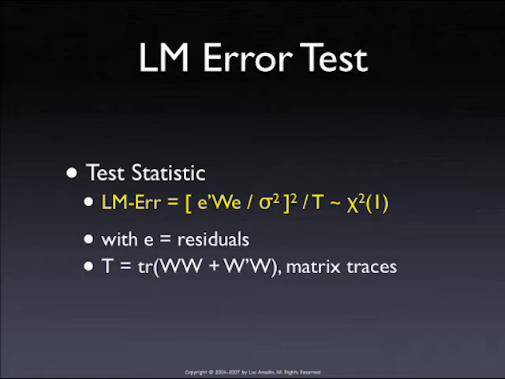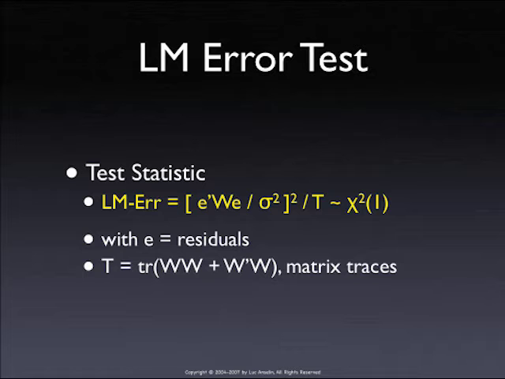W times W prime is the row times the first column. And so these are all the matching elements, the cross products of these elements that go into the trace.